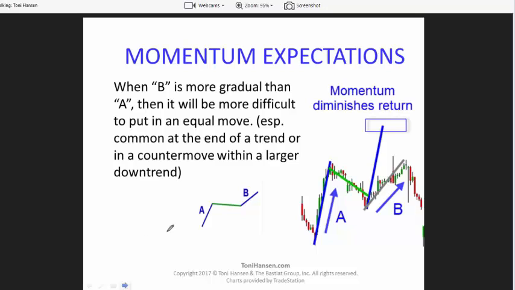Now when momentum is shifting where we start to see a slower continuation out of the pullback, then we're more likely to see it not hit that 100% continuation move. So with momentum shifting here, when we add Fibonacci extension levels, what we would do is start down here.